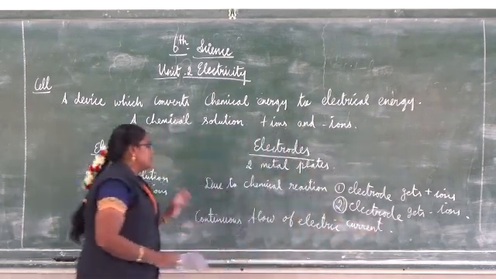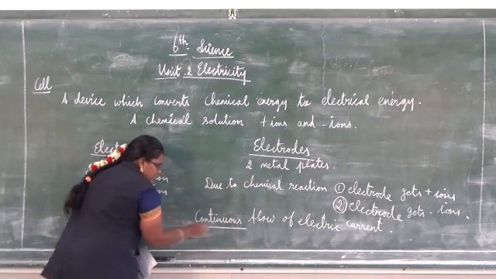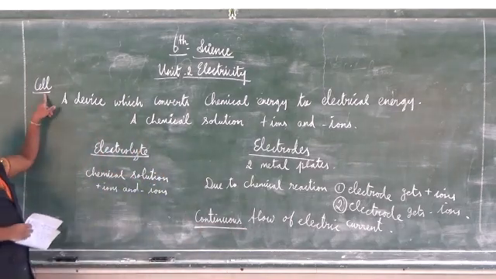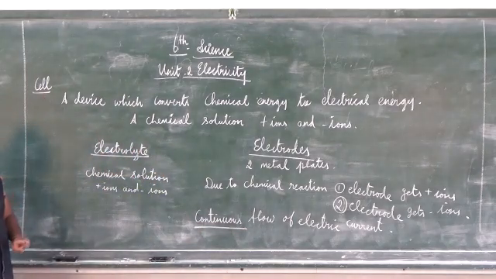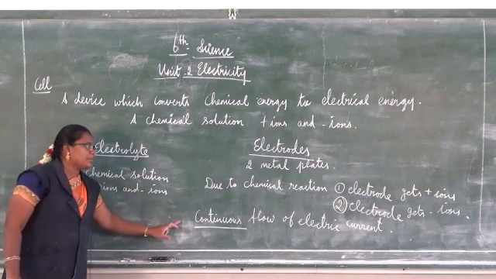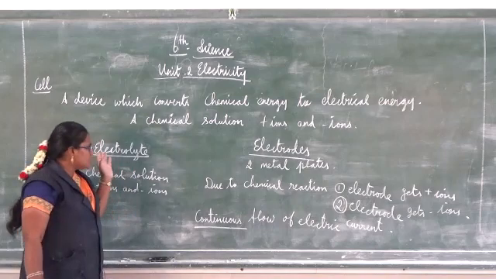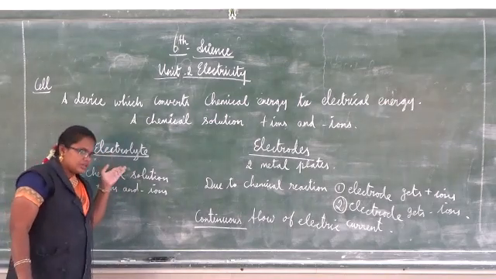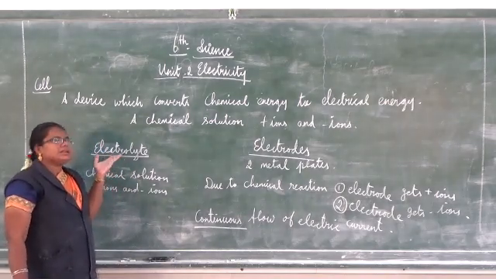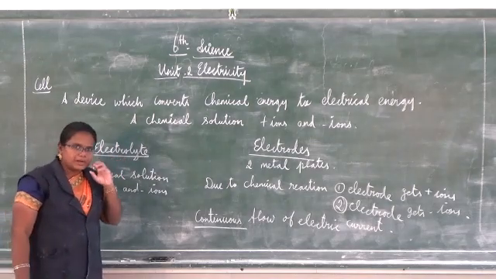See, depending on this continuity, the cell is divided into two types. Understand, children? Continuous flow is happening when there is a chemical solution, the reaction is going on continuously, and that leads to the power of that particular cell.